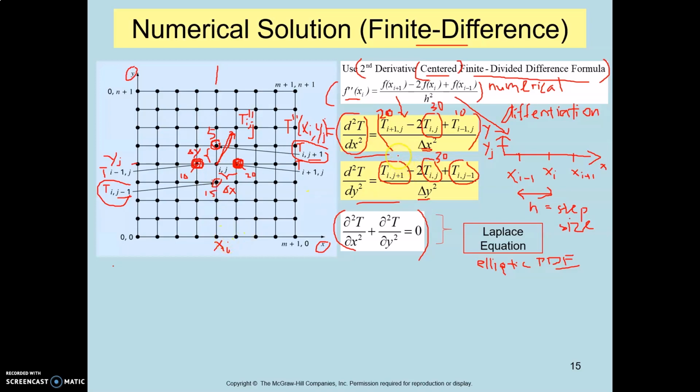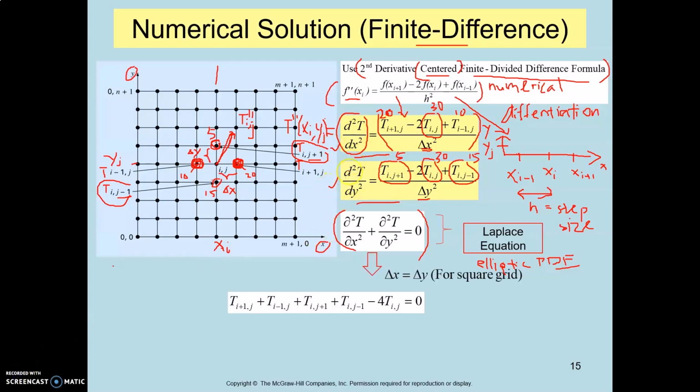So you should have 5 here and 15 here. So once you substitute all the information, you can compute these two differentiations. So by substituting these two equations inside the PDE, you should be able to obtain this formula.